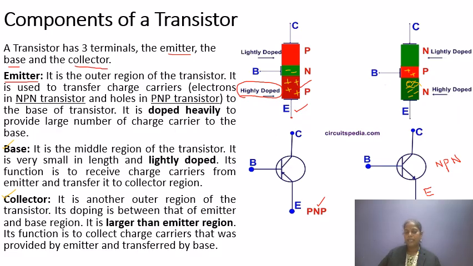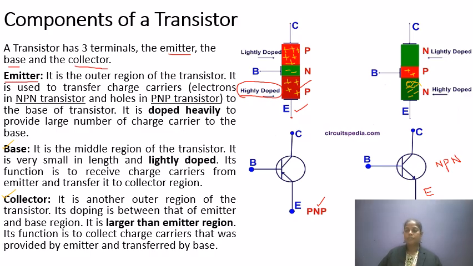It is connected with the emitter and base. And what is the size? Compared to the emitter, it is larger, so it collects all the charge carriers, which means more number of charge carriers.